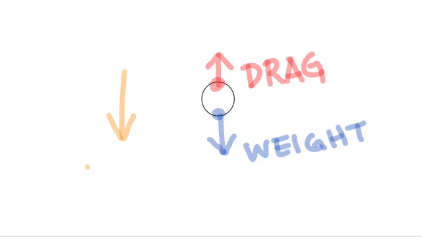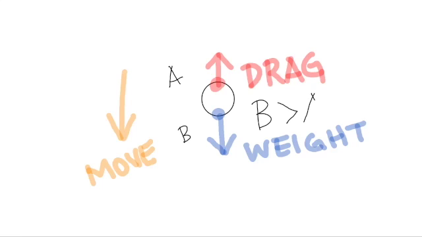Nonetheless, even with the drag, the marble still goes down through the tube. So now we expect that the forces are not equal to each other. In fact, if we have drag as force A and weight as force B, it looks like force B, the weight, is bigger than the drag. And in fact, we can be really confident of that because we see the marble moving down.